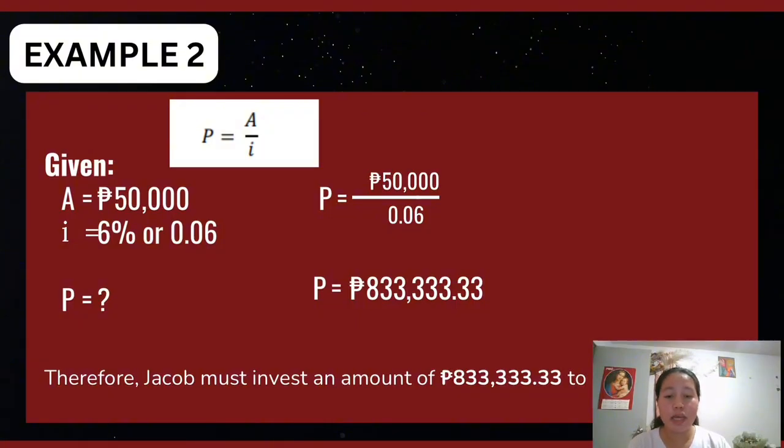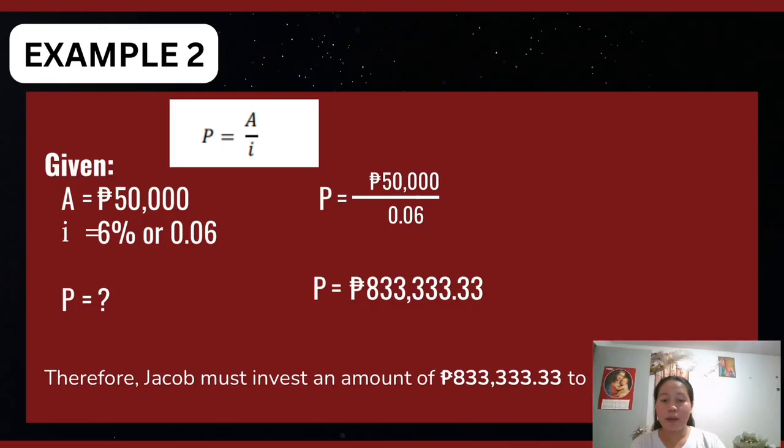So we're going to use the perpetuity formula, which is perfect for this situation where the payments are constant and infinite. The formula is the present value of perpetuity, P is equal to A divided by I, where P is the amount Jacob needs to invest today, A is the annual payment, and I is the interest rate.